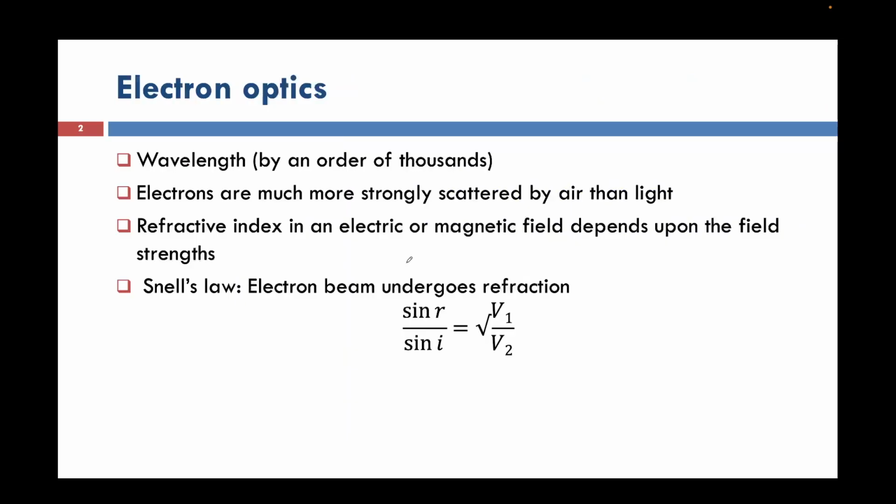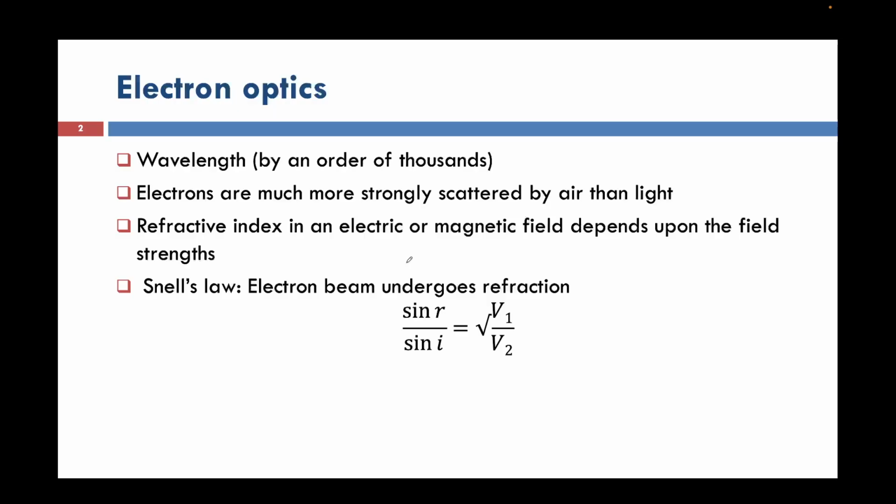In the last class, what we studied is the light optical microscope. A microscope means anything that we cannot see with our unaided eye, but we want to resolve those small features in a material. First, we used light as our source.